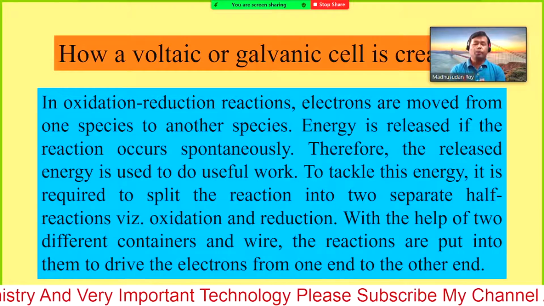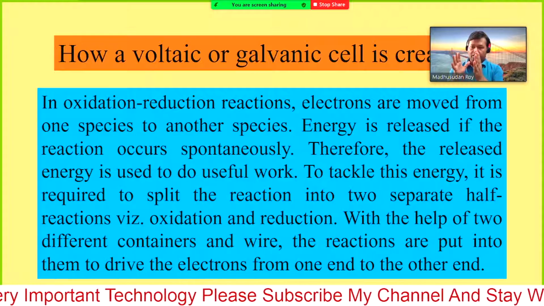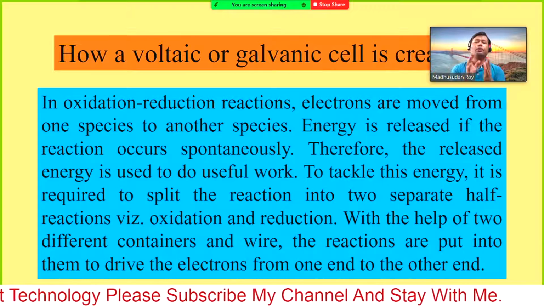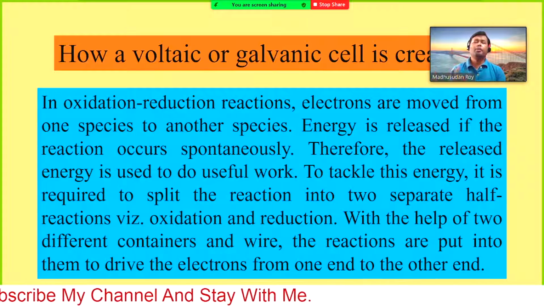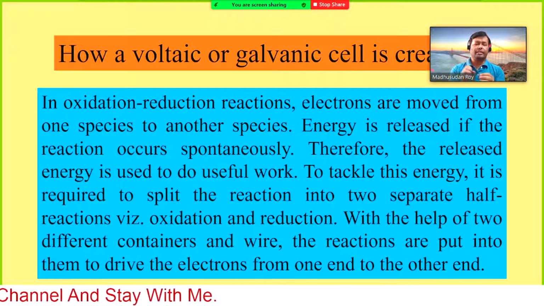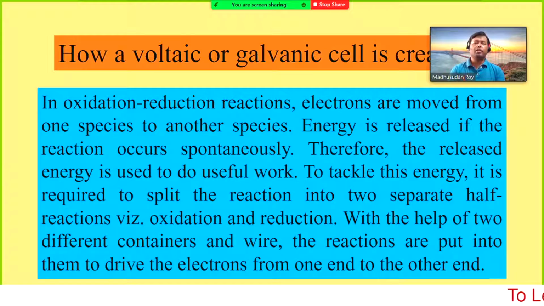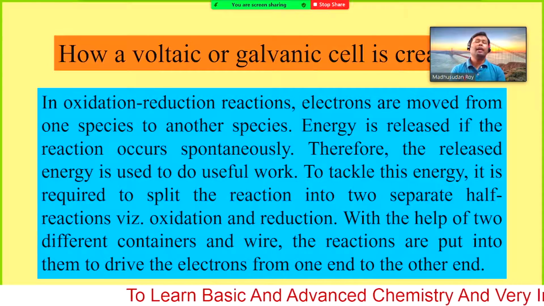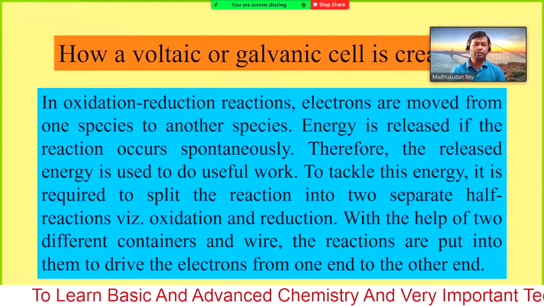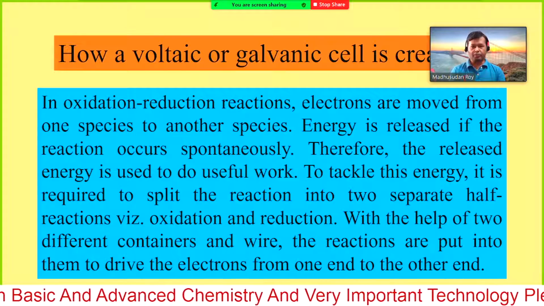If you put two different half cells in the same container or in different containers and connect them, then automatically it will transfer electrons from one electrode to the other, and that is the flow of electrons, and we will get some energy out of this.